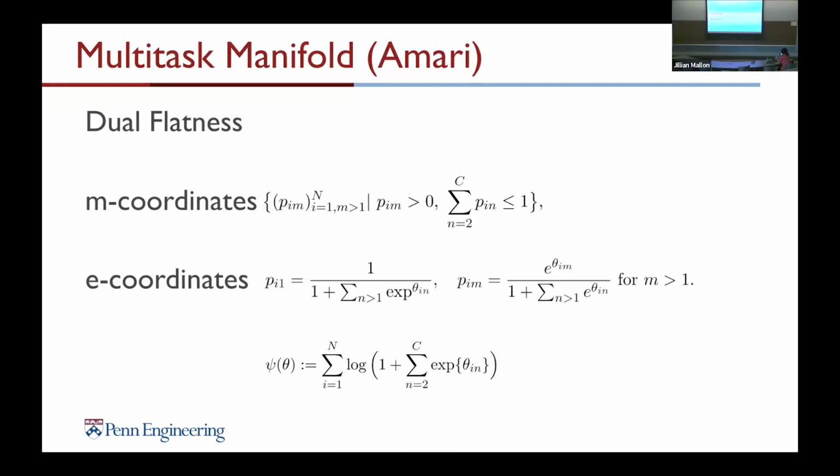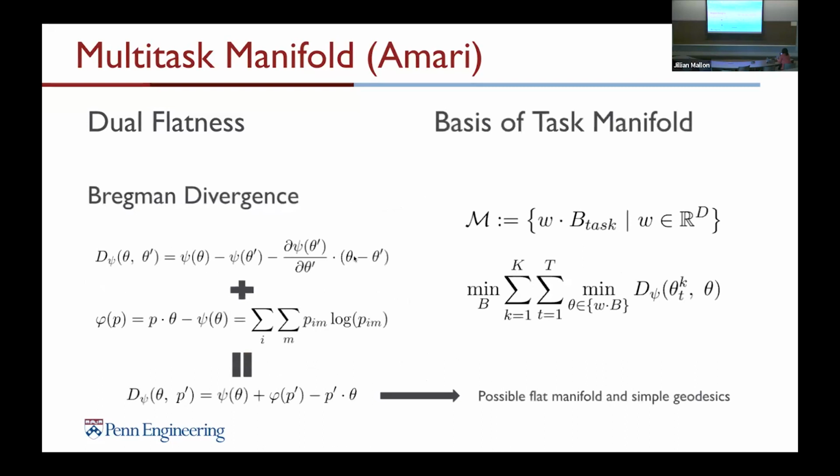The second one is the e coordinates, which is a softmax version of the m coordinates. We can use the e coordinates as the gradient of a convex function, and based on the convex function, we can define the Bregman divergence as shown in the first equation on the left. But at this point, we do not observe any flatness because the derivative does not vanish.